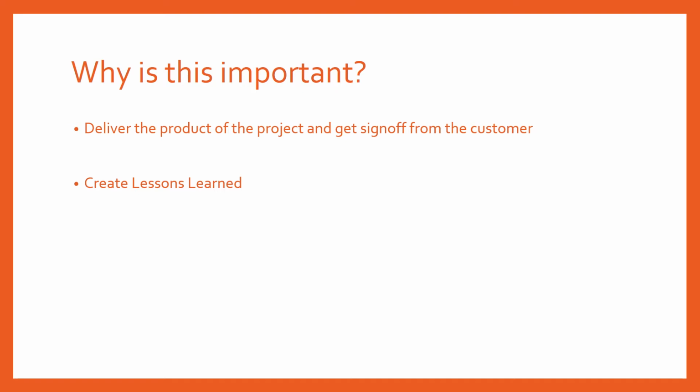That's when you're done. And then you create lessons learned so that other project managers for future projects can make use of those lessons learned, can make use of the information that you pass on as part of the organizational process assets, right? So if you see, closing is actually as important as initiating. You are doing some very important stuff in this process, right? So that is why this is important.